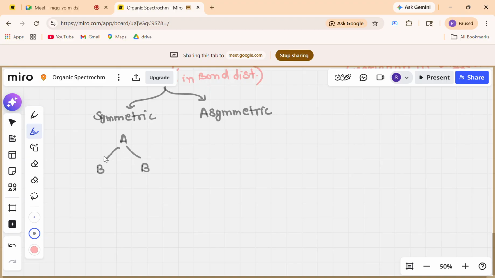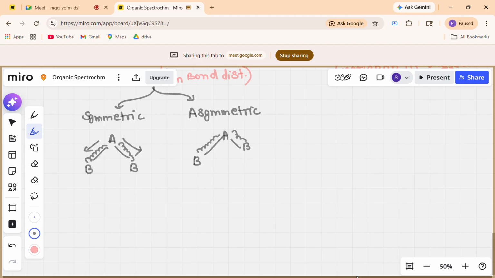Let us consider the molecule B2A, and if there is a vibration that results in the variation in bond length symmetrically, then it's called a symmetric stretching. And if the variation in bond distance is asymmetrical in nature, then the corresponding stretching is your asymmetric stretching.